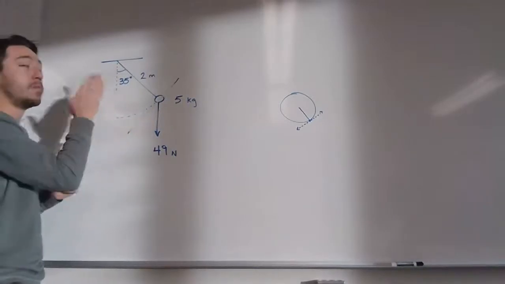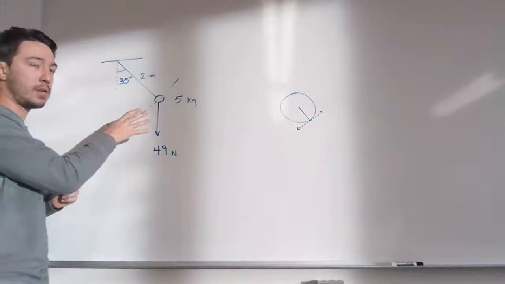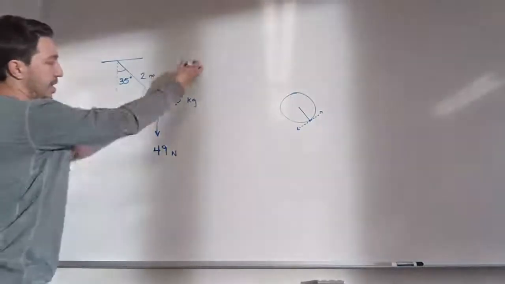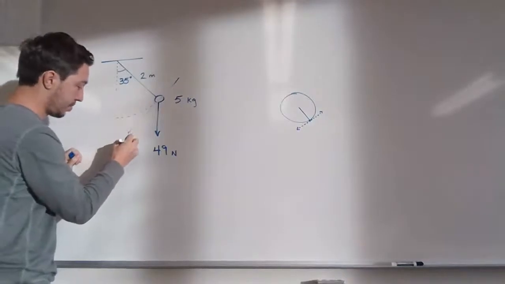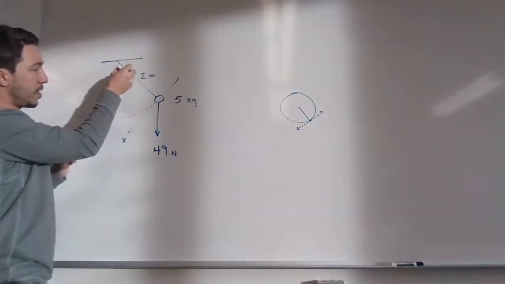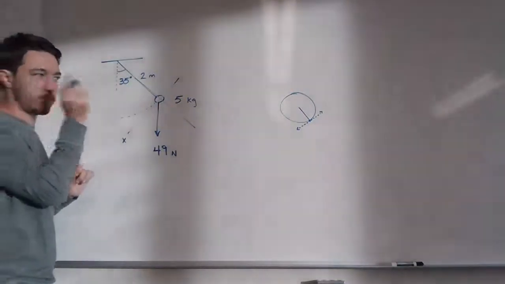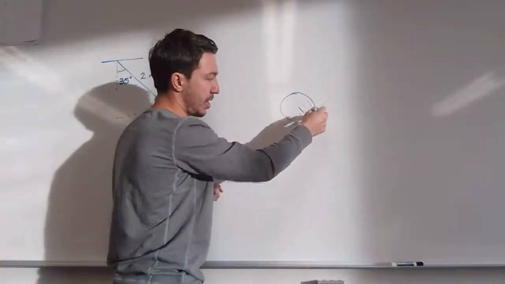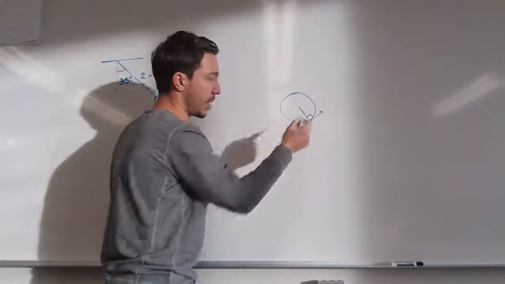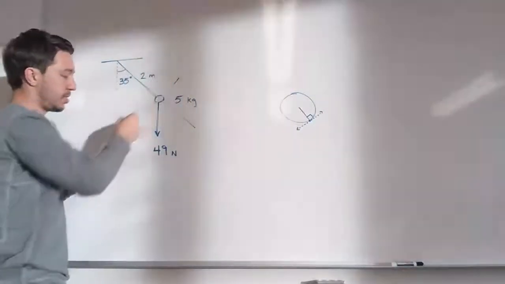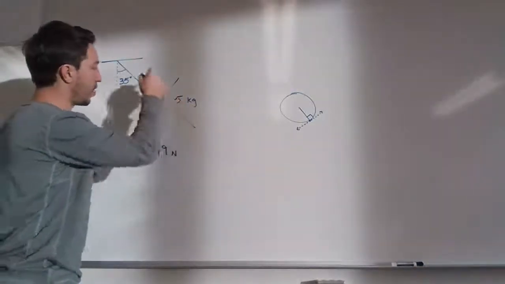So in this moment, this snapshot in time, the velocity vector is going to point this way. So that's going to be my x-axis. And where my y-axis will be, like that. You may also recall from geometry that a tangent line is perpendicular to the radius. So that's exactly what we have here, this x-axis is perpendicular to my y-axis.